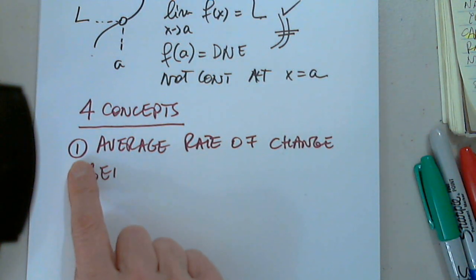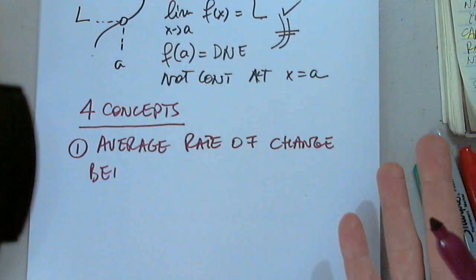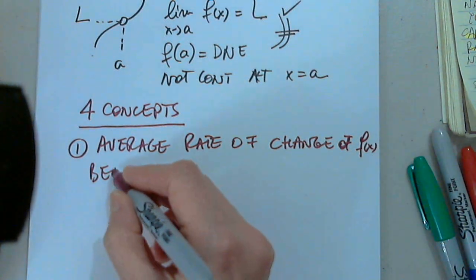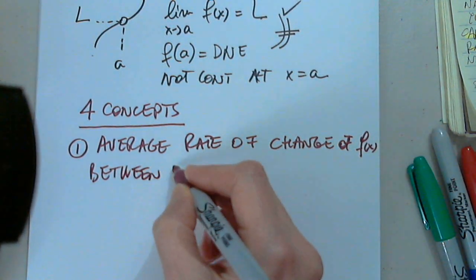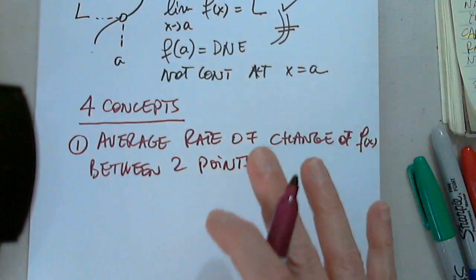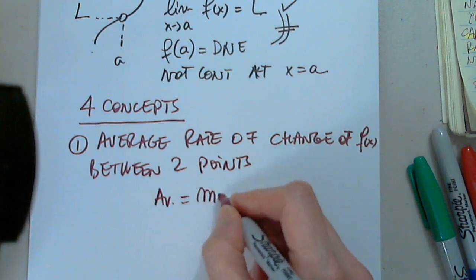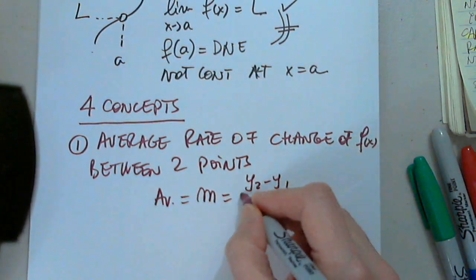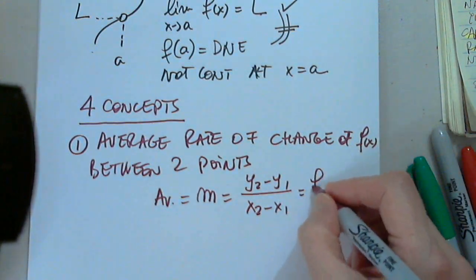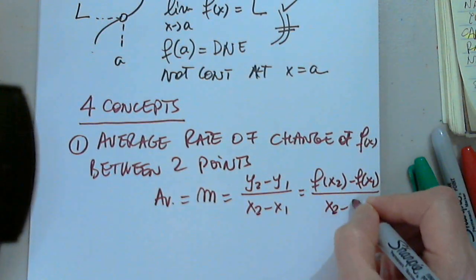The first concept is the average rate of change between 2 points of a function, of course, of f of x between 2 points. This concept, we discussed it together, is the average, which is the slope, which will be y2 minus y1 over x2 minus x1, and we better write it as f of x2 minus f of x1 over x2 minus x1.